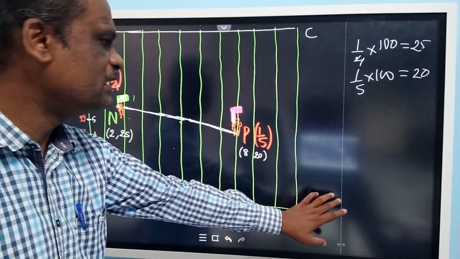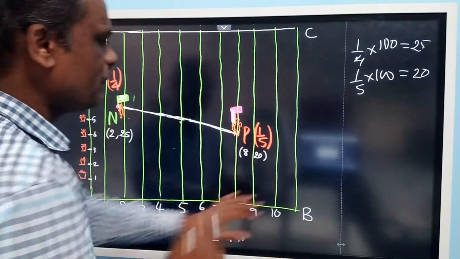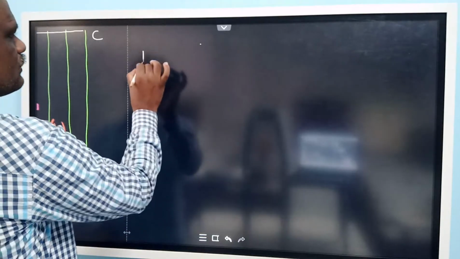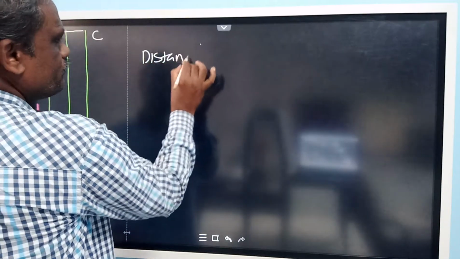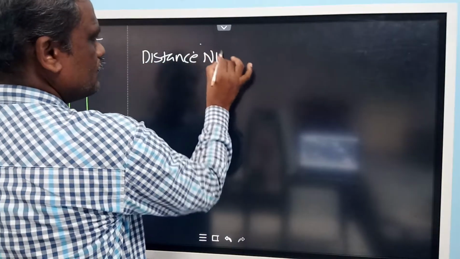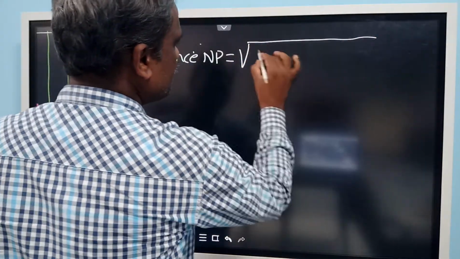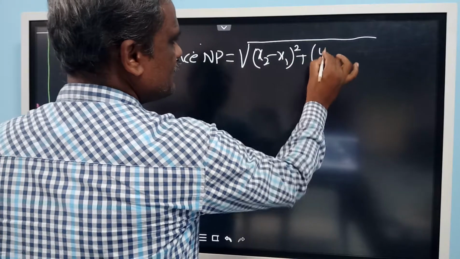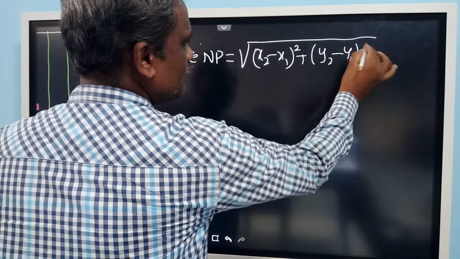So you can find the distance between N and P. Let us use the distance formula. Distance NP is equal to the square root of (x2 minus x1) the whole square plus (y2 minus y1) the whole square.